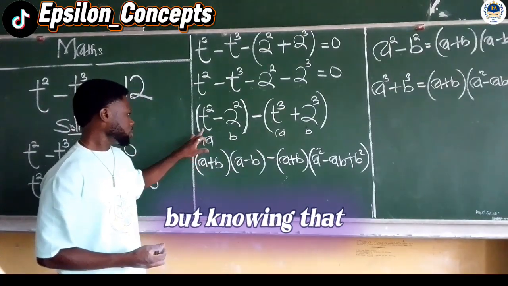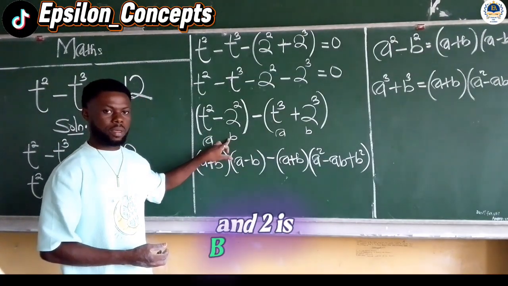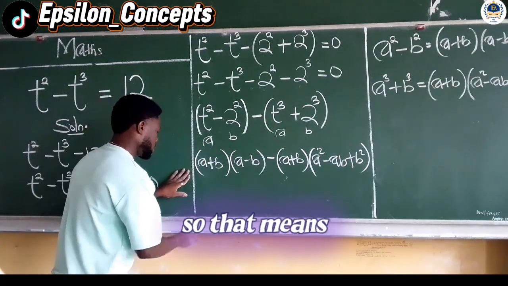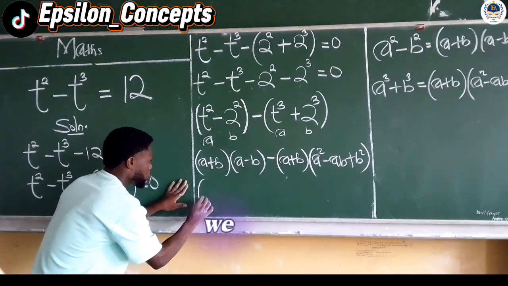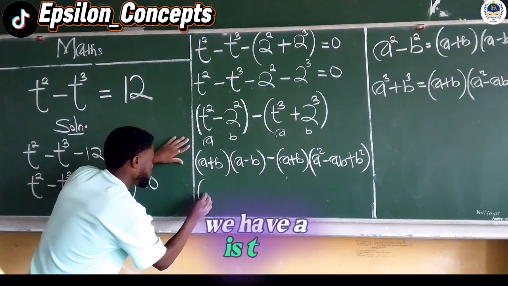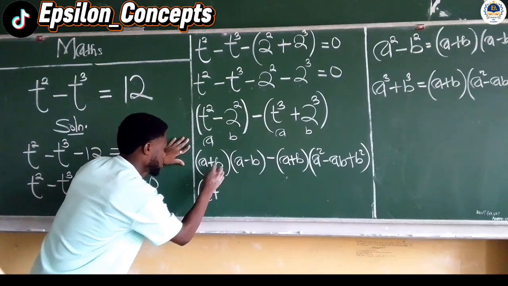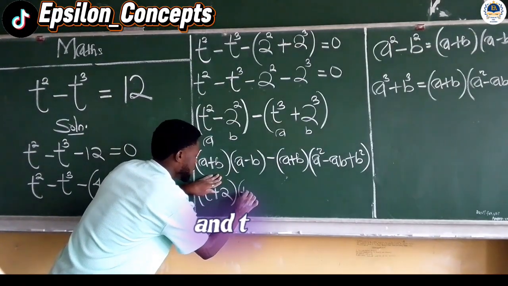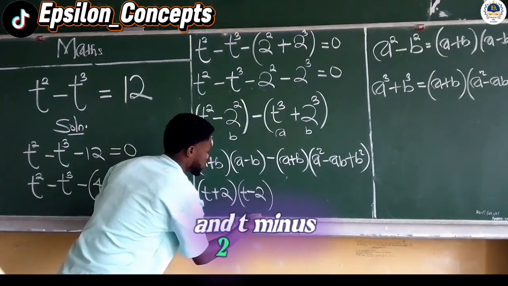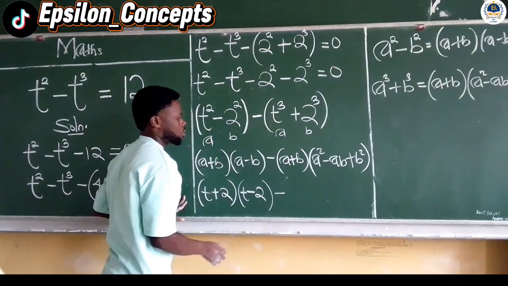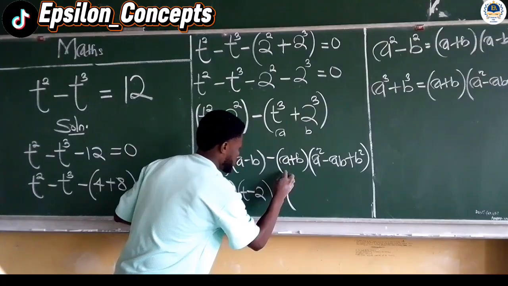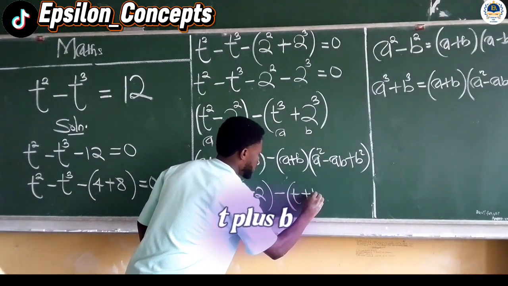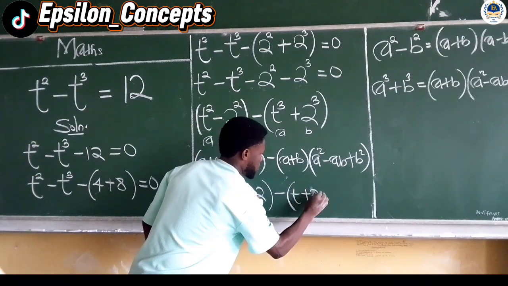But knowing that t is a and 2 is b, in both parentheses, we can substitute, isn't it? So that means we are going to obtain, we have a is t, so t plus 2 and t minus 2, minus, over here we have t plus 2 rather.